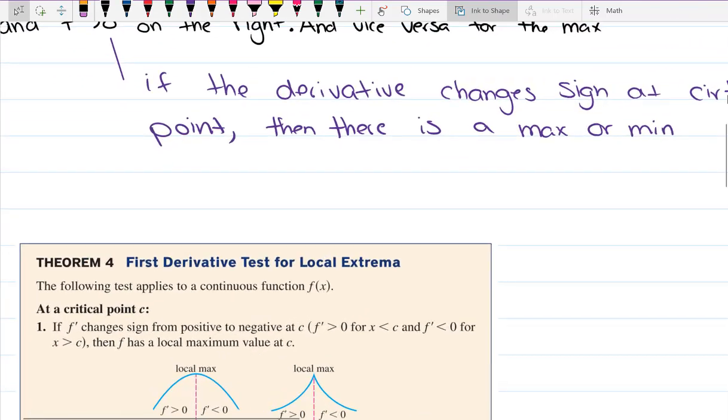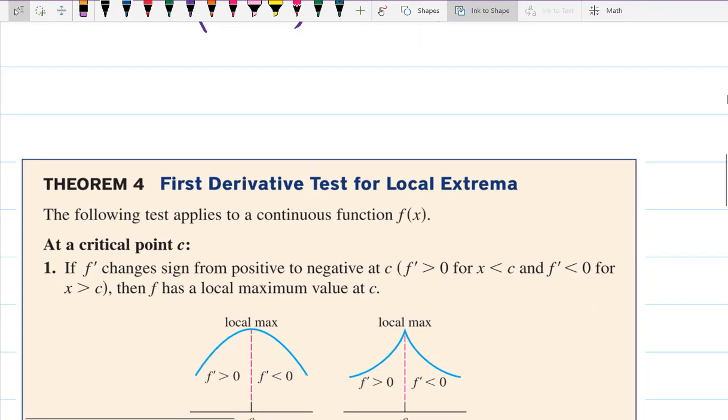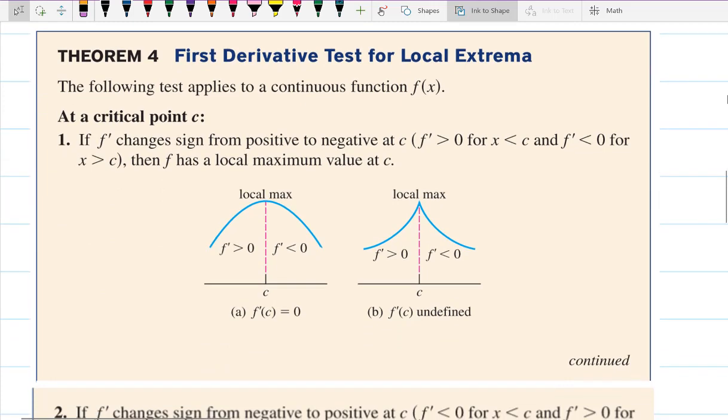Okay, so now let's go into a theorem and talk about the first derivative test. This is basically the sign chart that we've been making the whole time. You have a local max if at C, the derivative, this is f prime of x, on one side is positive and on the other side is negative.